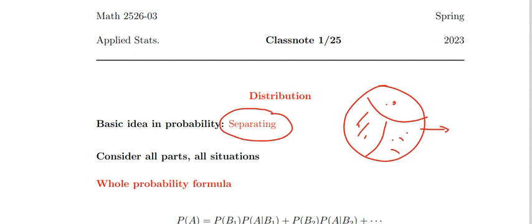A typical example is a multiple choice question in a homework, where I give you four choices and you pick your answer. If we have many questions, this becomes a binomial distribution, which is a typical distribution.